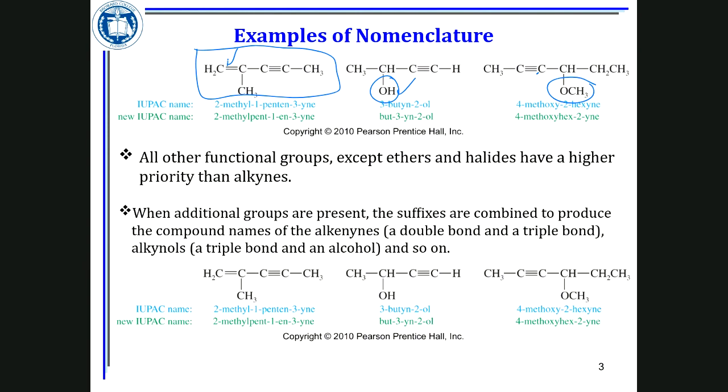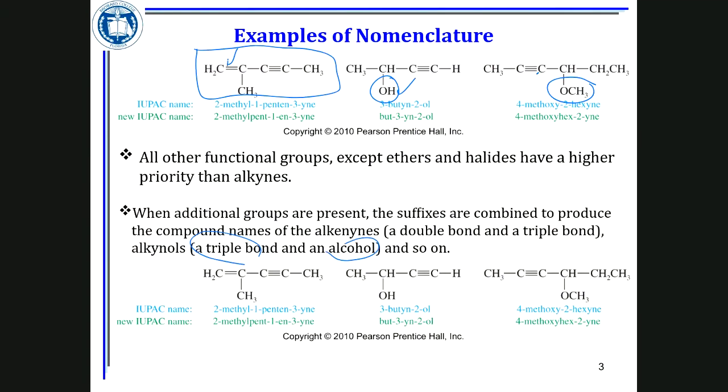So when you have additional functional groups combined, you have to make sure you get the priority list first. When you have an alcohol with a triple bond, alcohol takes the priority.